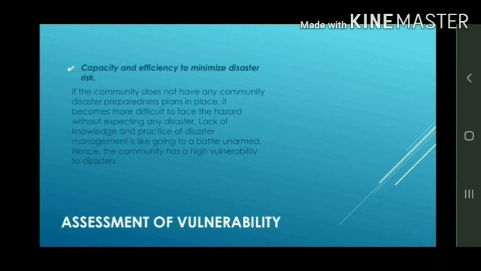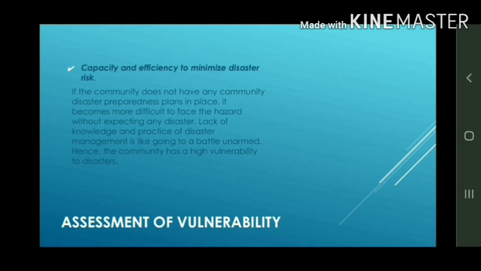So in terms of capacity and efficiency to minimize disaster risk, if the community does not have any community disaster preparedness plans in place, it becomes more difficult to face the hazard without expecting any disaster. Lack of knowledge and practice of disaster management is like going to a battle unarmed.